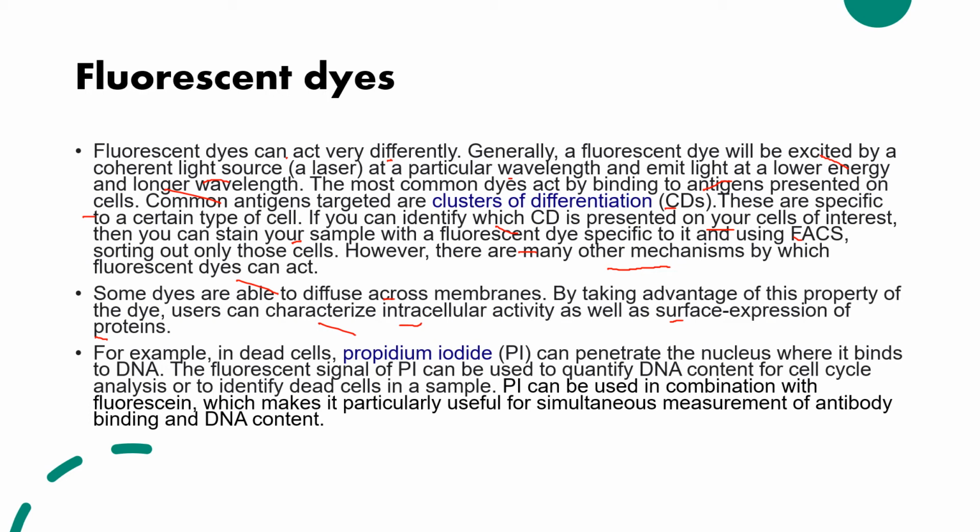It can bind with the DNA of dead cells and can be quantified or separated out. If it is used in combination with fluorescein, you can measure the antibody binding and the DNA content of the cells also.